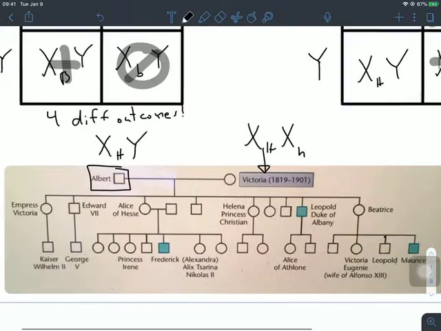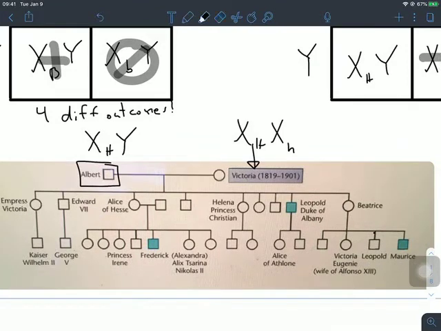And what you will see is that they had children, particularly males, that were affected. Victoria passed the hemophiliac allele to her daughter Alice of Hesse. Alice then mated with an unaffected male and passed it to her son Frederick.